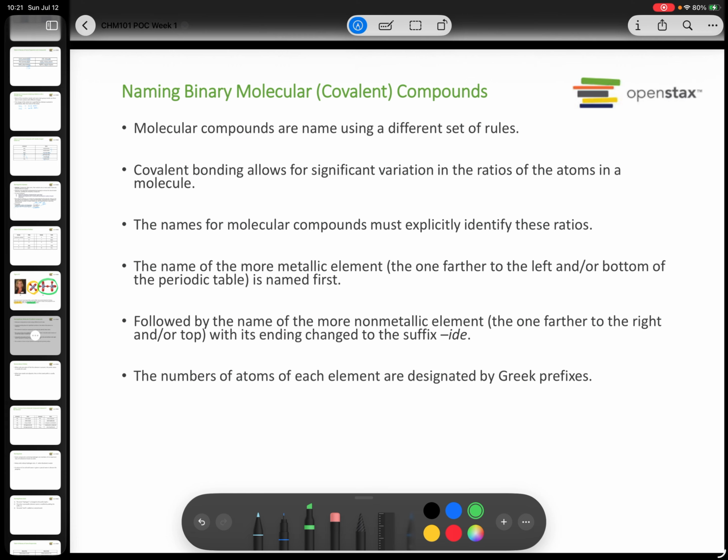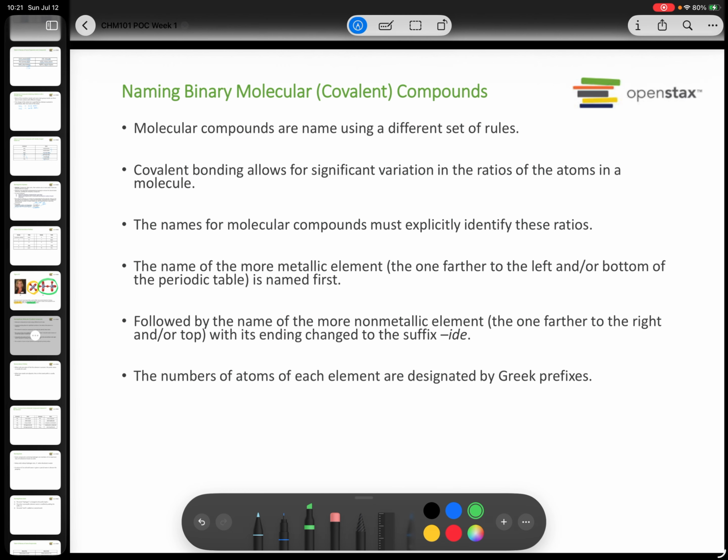So, the more metallic element or the element farther left and lower in the periodic table, yun yung unang pinapangalanan. Okay? The second element is named with the IDE suffix, katulad nung kanina. Then, Greek prefixes tell us how many atoms of each element are present. No? So, ito yung basic rules.